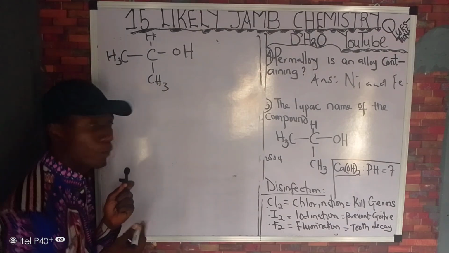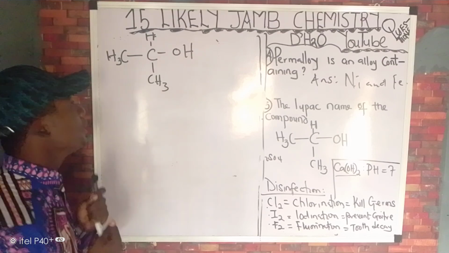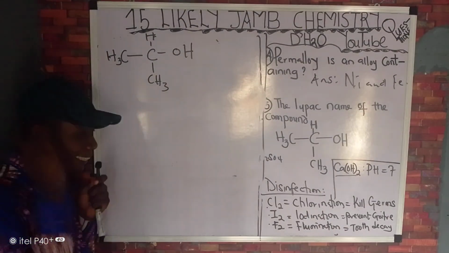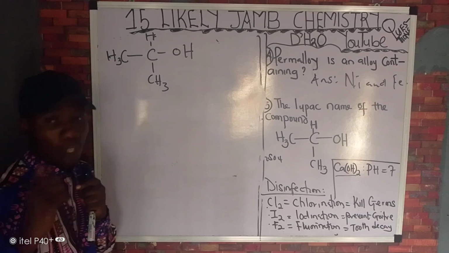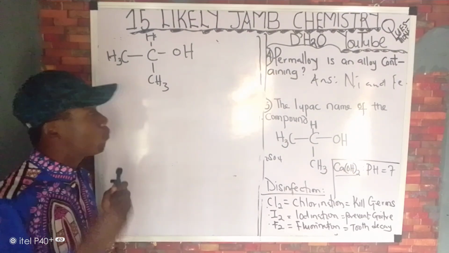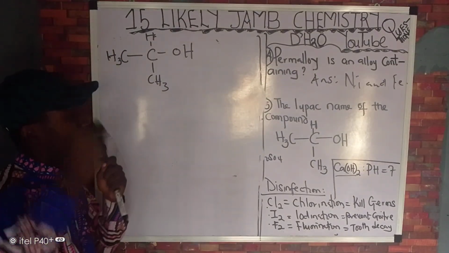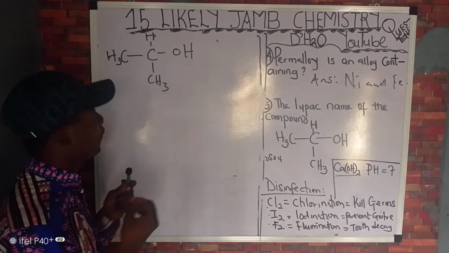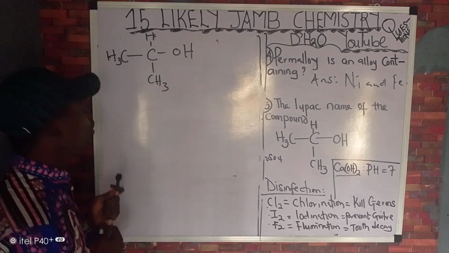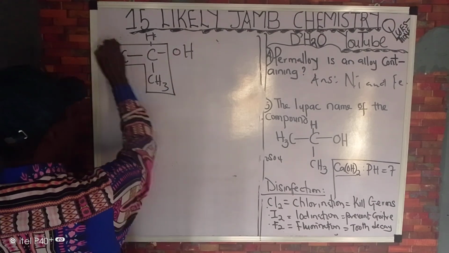Now, remember one of the rules for naming organic compounds is to do what? Is to identify your longest continuous chain. That's the first thing to do when naming an IUPAC compound. Identify the longest continuous chain. And if you identify the longest continuous chain, you will find out that the longest chain goes this way.